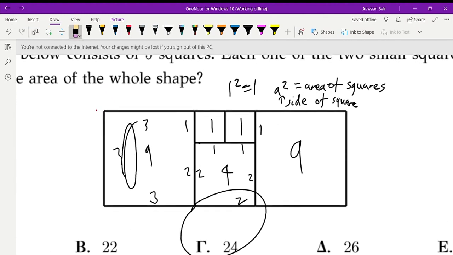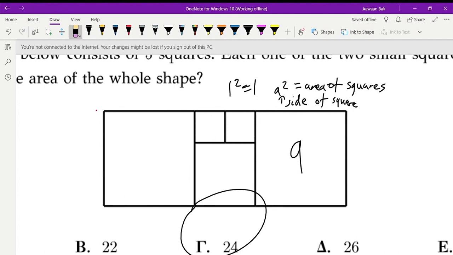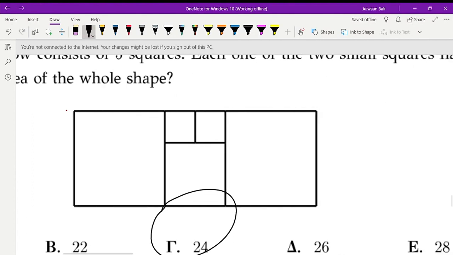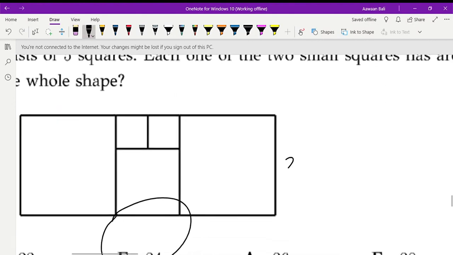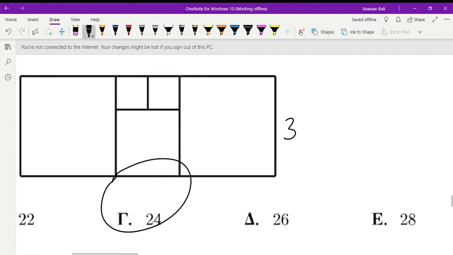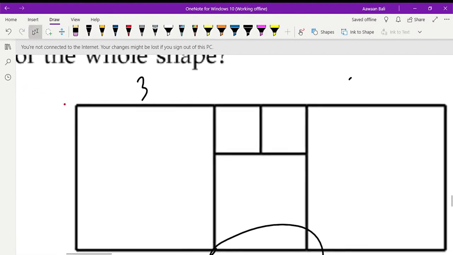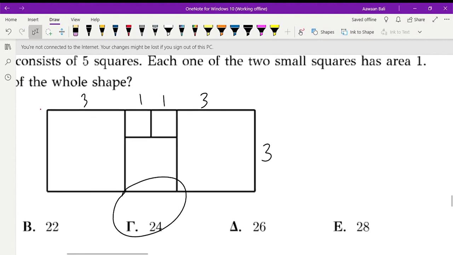But actually, there's another way you can do this. Since we know all the dimensions already, we know that this side is 3 here, this side is 3, this side is 3, and there's 1 and 1 here. Now we know the area of a rectangle is length times breadth.